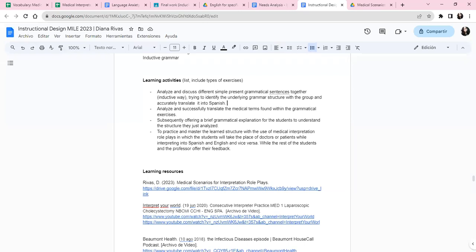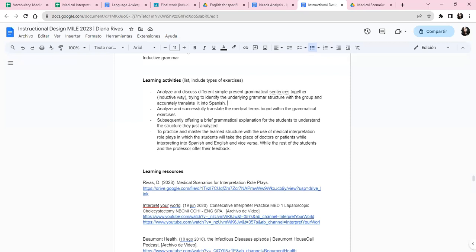We will do this instead of going directly to what the grammar is. You know, you see, this is the past tense of the verb, and we don't want to include grammar that way here.